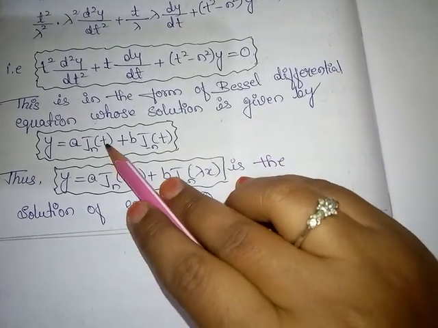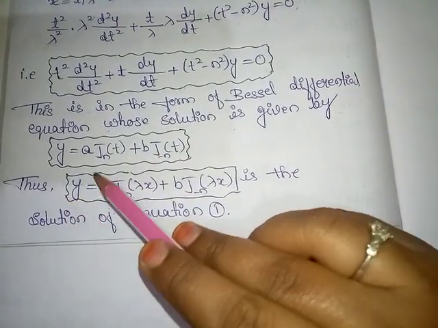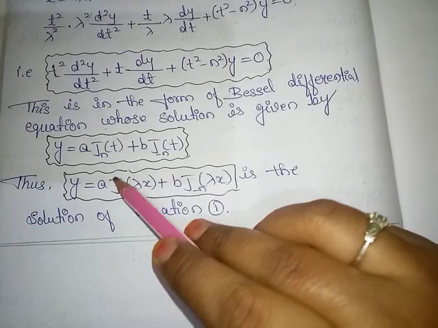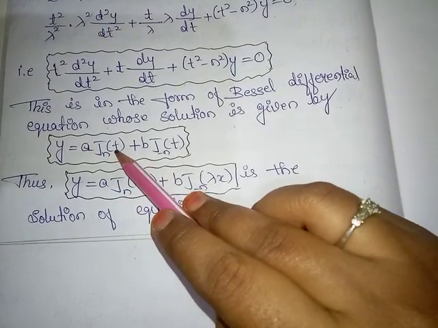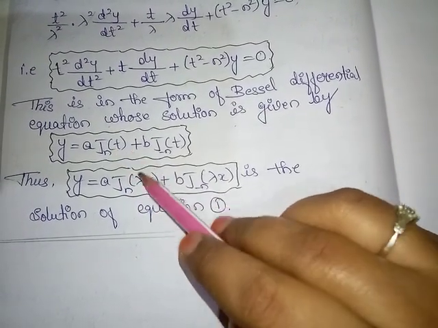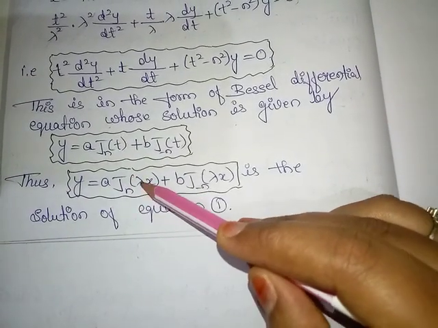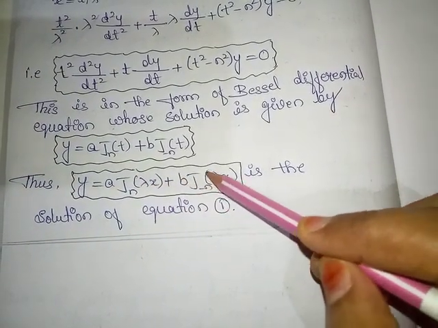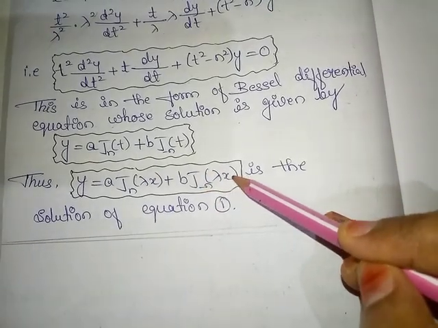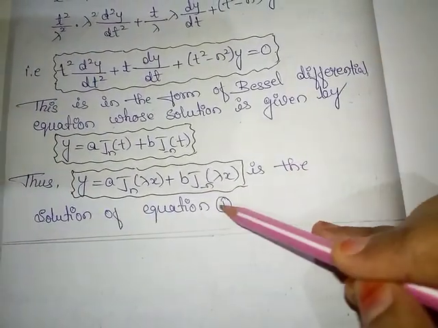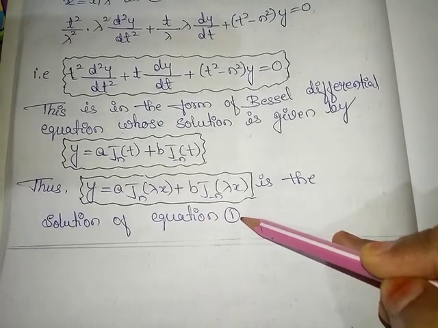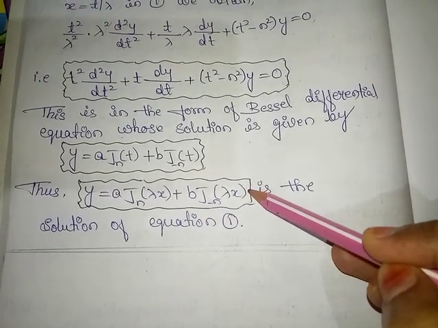Here the function is in the form of t. Since we assumed t as lambda x, y is equal to a Jn of lambda x plus b J minus n of lambda x, which is the solution of equation 1.